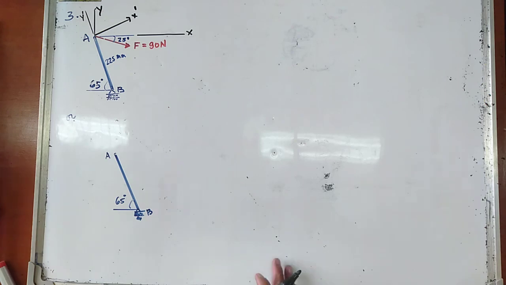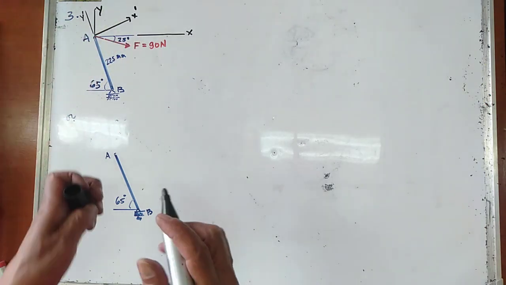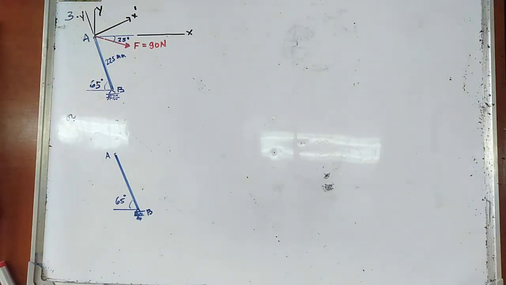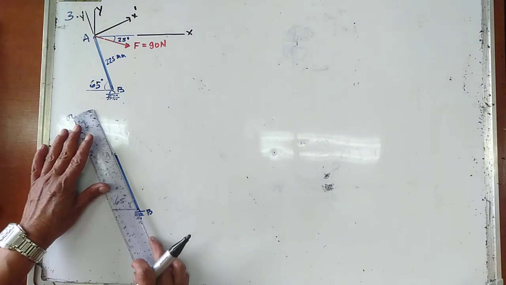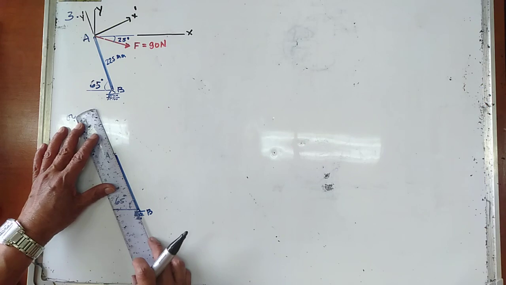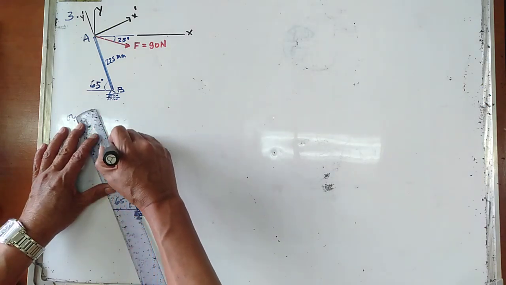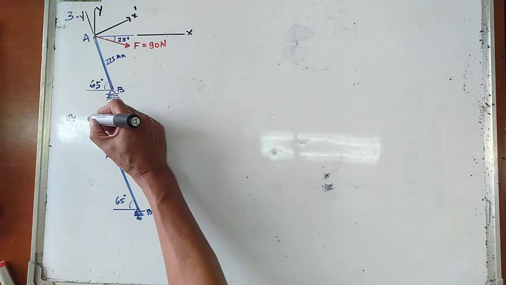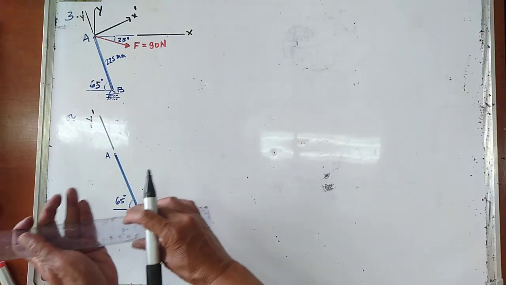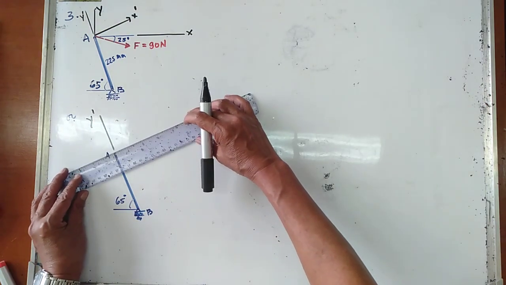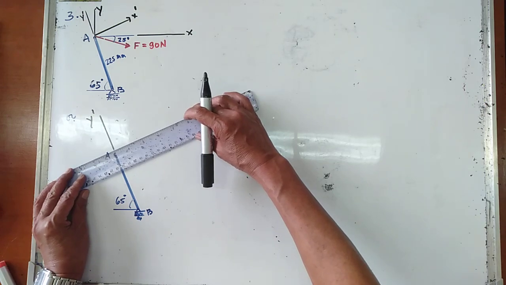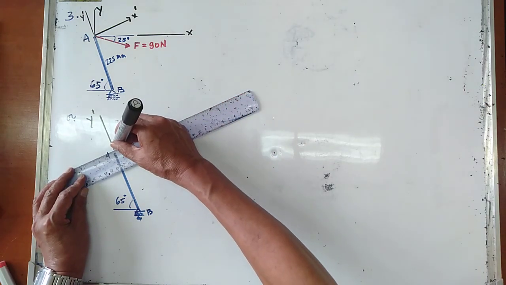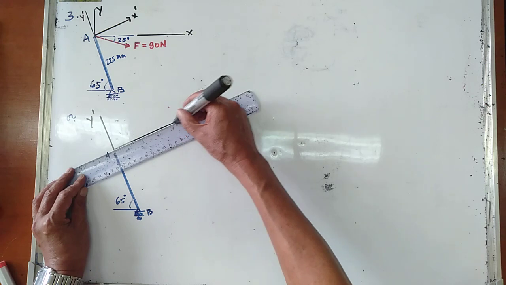Now, I'm going to use the x prime and y prime axes. So we have the x prime axis and we have the y prime axis. This is the y prime axis, and the perpendicular is the x prime axis.